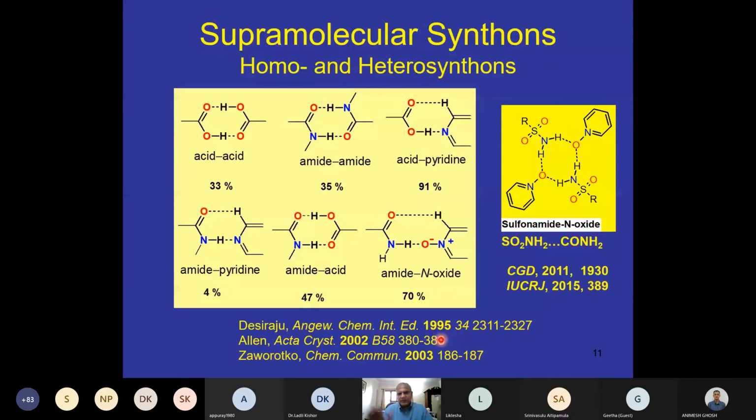And since then, crystal engineering, which was largely a structural chemistry subject, actually entered the domain of organic chemistry and subsequently inorganic and materials chemistry. And its maximum impact has been in the pharmaceutical sciences or pharmaceutical chemistry area.